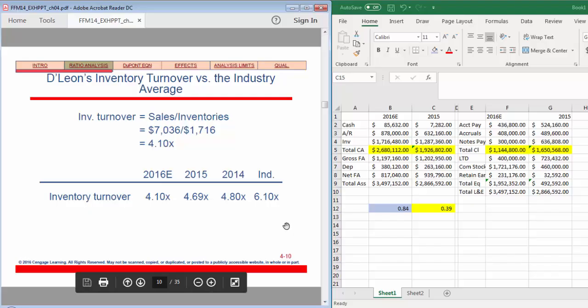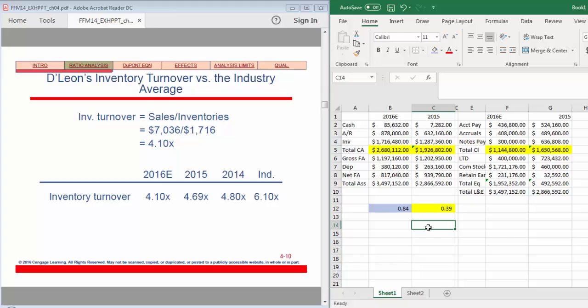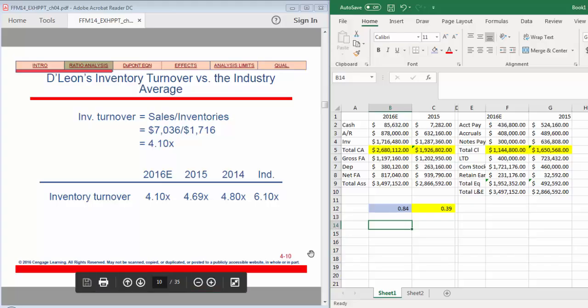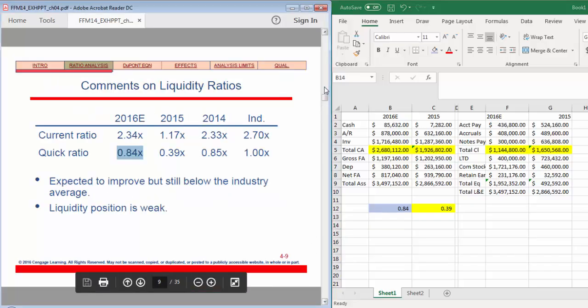Now we come to the inventory turnover, which is sales divided by inventories. That is, how fast can you convert your inventory into sales? You get this by taking the sales number divided by total inventory. And again, the sales number is going to come from the income statement.